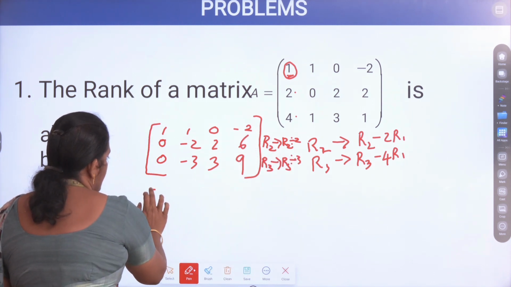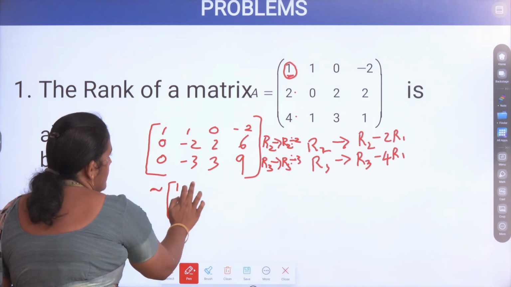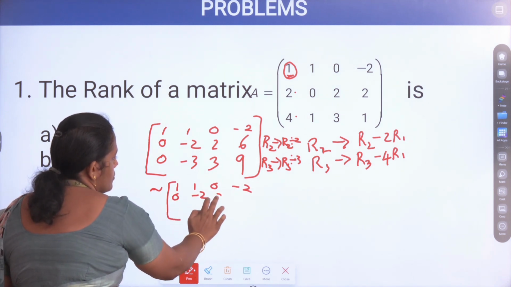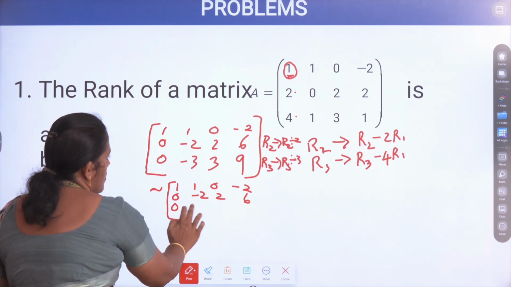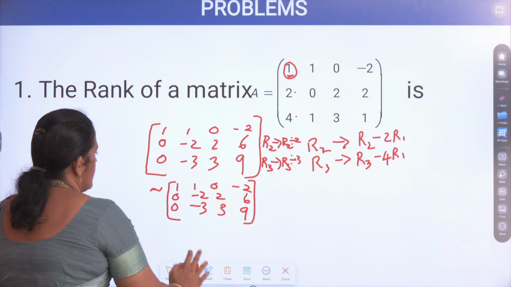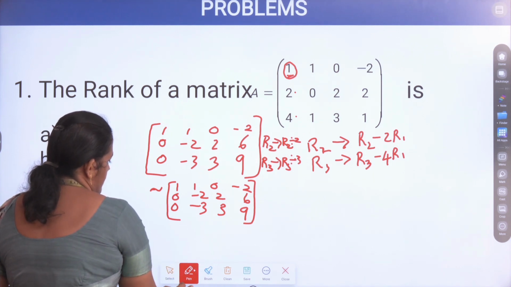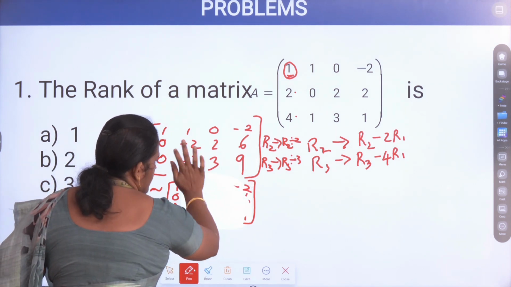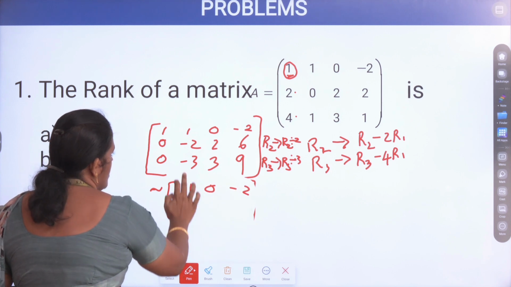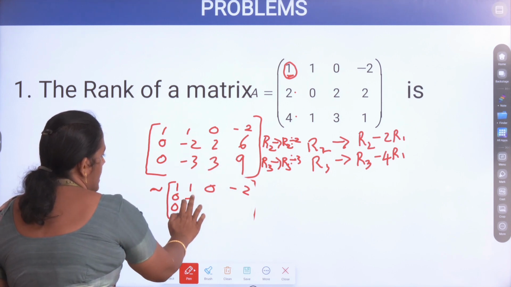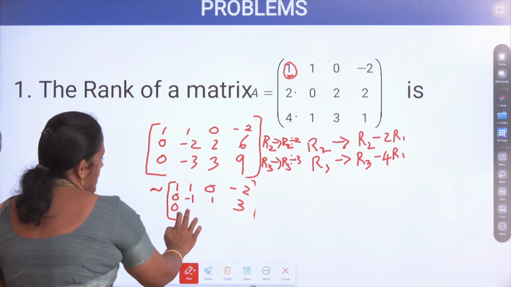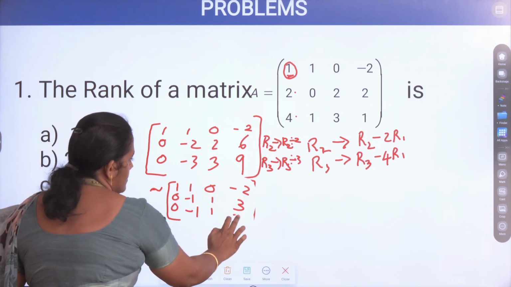So this can be 1, 1, 0, minus 2; 0, minus 2, 2, 6; 0, minus 3, 3, 9. So 1, 1, 0, minus 2. This row divided by 2 gives 0, minus 1, 1, 3. The next one divided by 3 gives 0, minus 1, 1, 3.